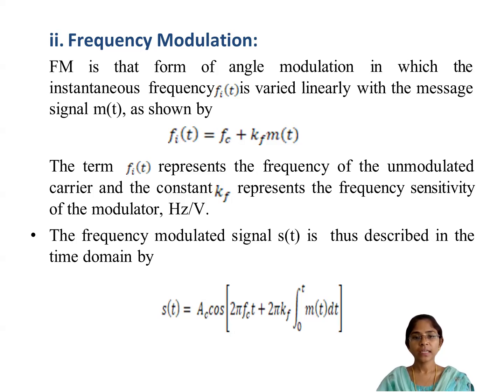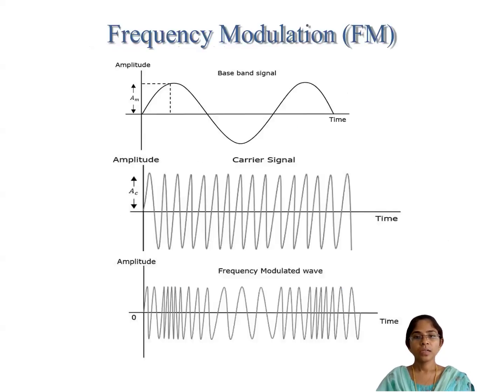After getting theta i of t, we'll substitute in the time domain representation. After substituting, the time domain representation of the frequency modulated signal is S of t is equal to AC into cos of 2 pi fct plus 2 pi kf integral 0 to t m of t dt. So this is the time domain representation of frequency modulation.